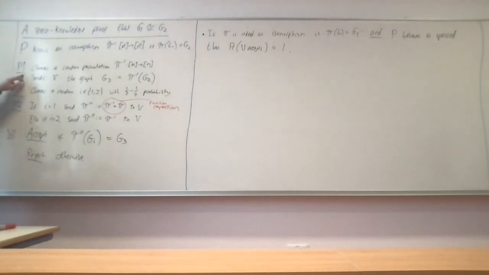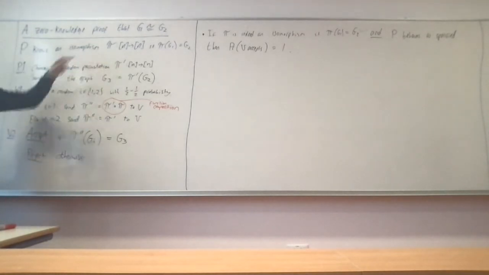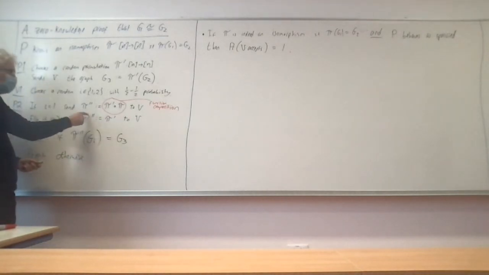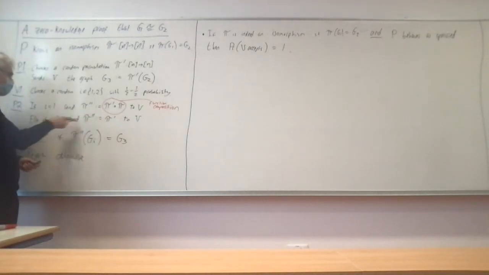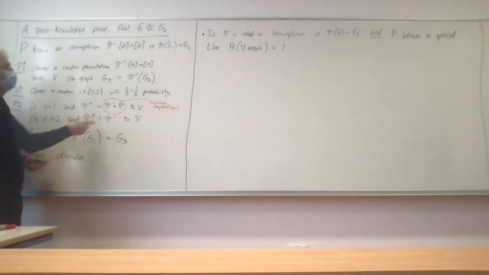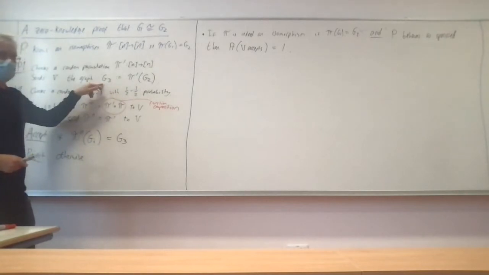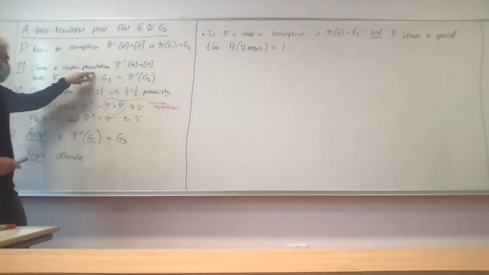And this is obvious because we've chosen a random permutation, but because pi is an isomorphism, if P behaves as told, then if I equals 2, that's the easier case, then indeed P is sending the verifier pi prime, which was an isomorphism from G2 to G3. That's what the first step is doing.